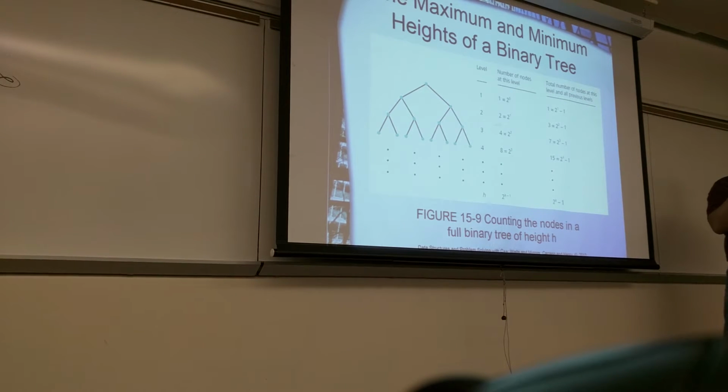Minus 1 is 31. Yeah, so there we get there. 31. So if I have a tree that's 5 levels deep, I can hold 31 nodes in that tree. It's math, I know. Okay.